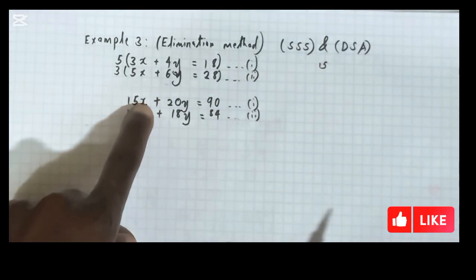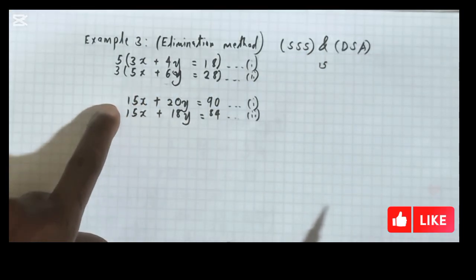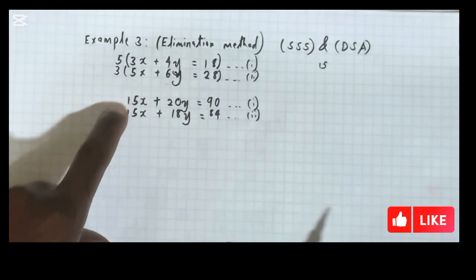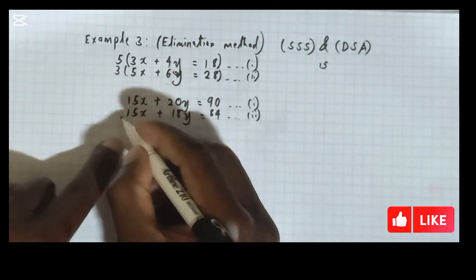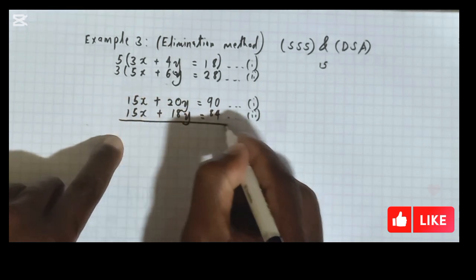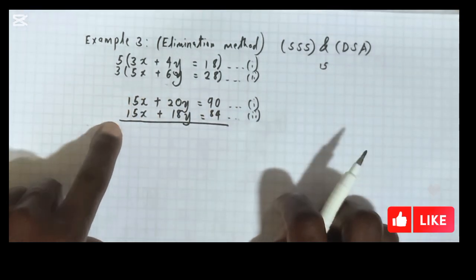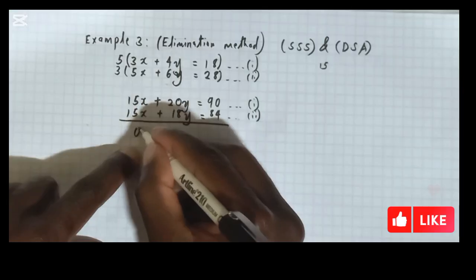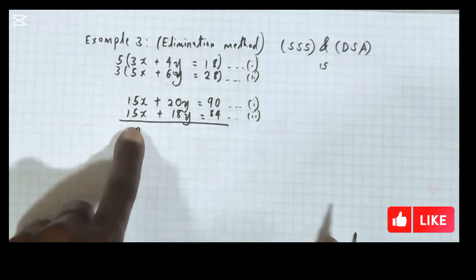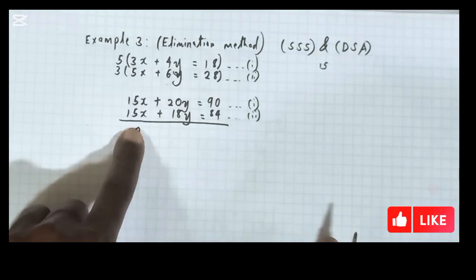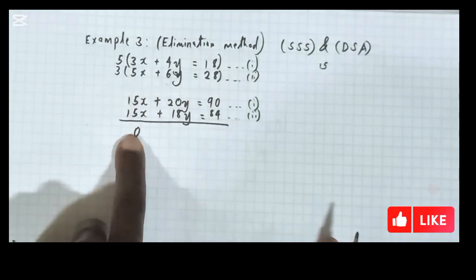Because we are focusing on eliminating x, we are going to subtract equation 2 from equation 1. Note that 15x minus 15x gives us 0, so we've already eliminated that variable. We no longer have x in our equation.